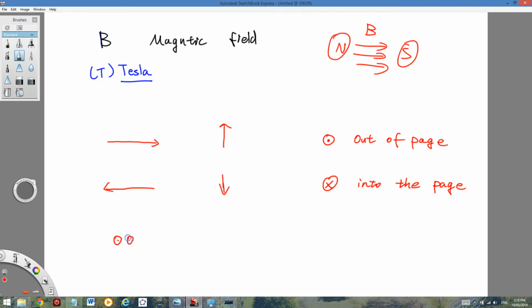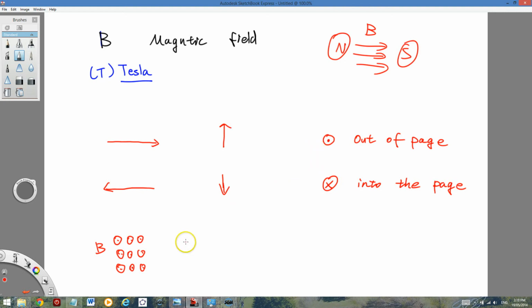So if I have a magnetic field labeled out of page, of course with a simple B on it, I know that the magnetic field actually came out of the page to my face. That's the direction of the magnetic field in this case.